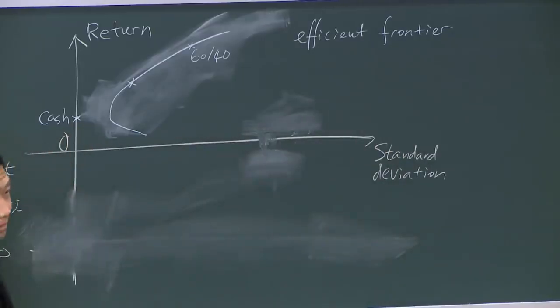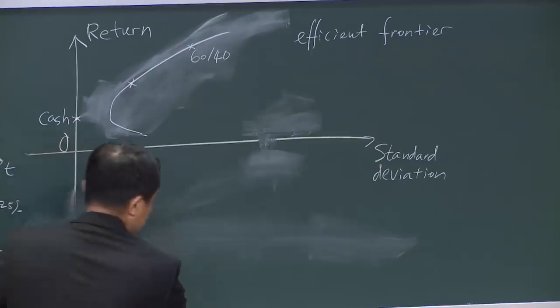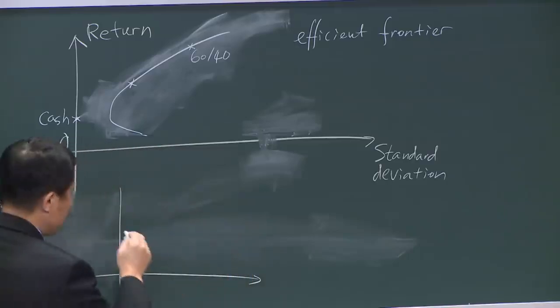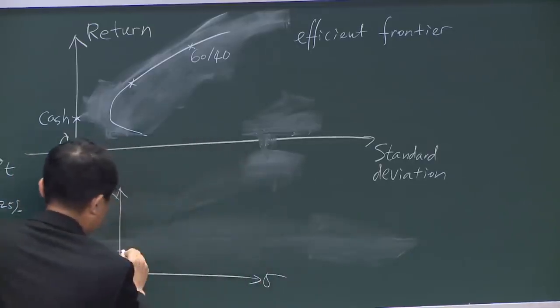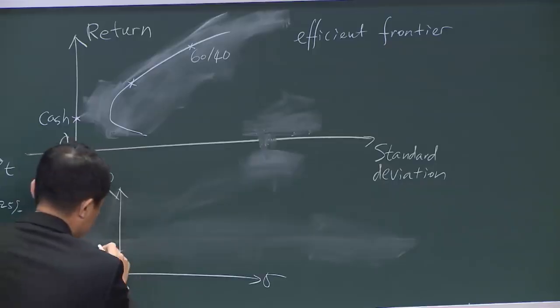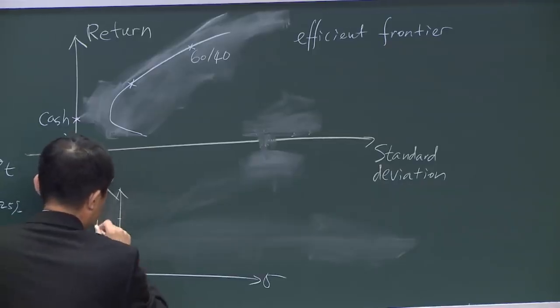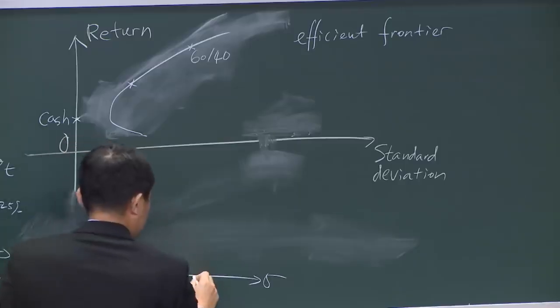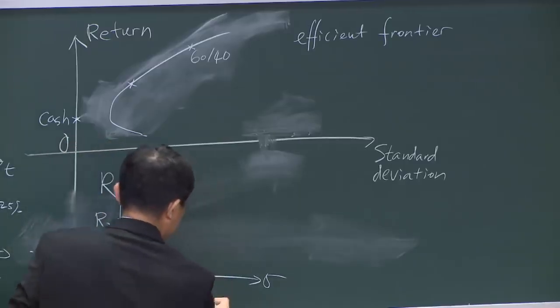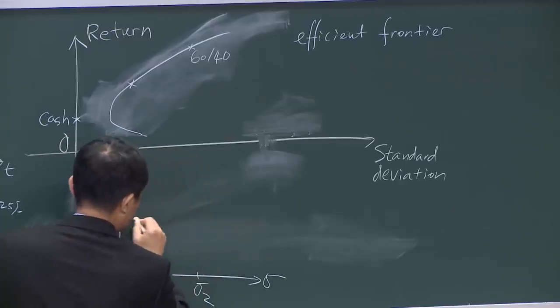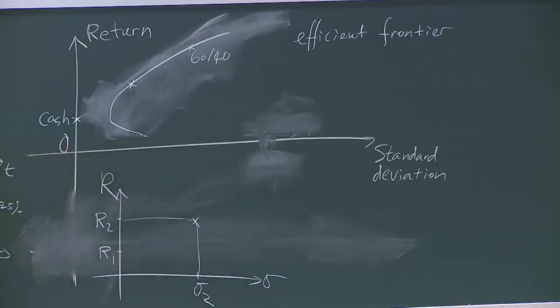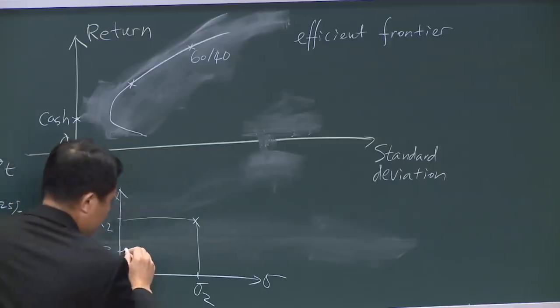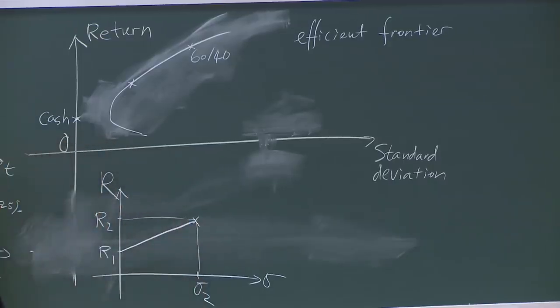So let's leave cash here. Okay. So the previous example I gave you, when you have two assets, one is cash, all one. The other is not. The other has a volatility, sigma 2. You have this point, right? And I said, what's in between is a straight line.